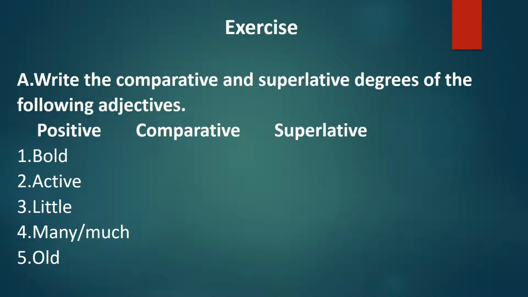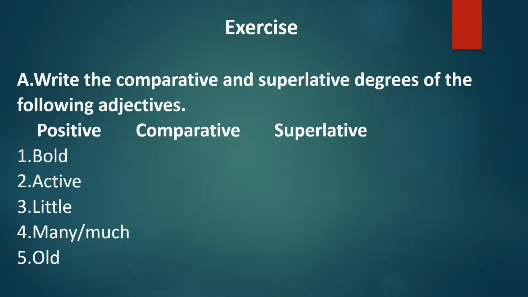Okay. Similarly, second is active. So active is the positive degree, the comparative degree will be more active, and the superlative degree will be most active. Similarly, little is a positive degree of adjective, the comparative degree of little is less, and the superlative degree is least.